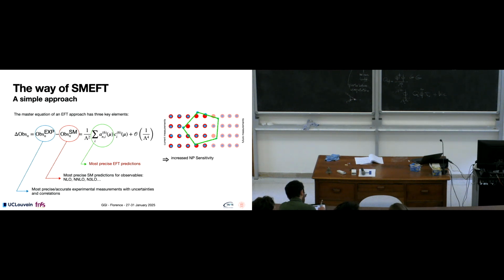So even if each one of them can be 1 sigma or 2 sigma, together they might get a better sensitivity. You see? So that's the power, because you are building correlations. You are really correlating various observables among themselves in a linear way. Is that clear?